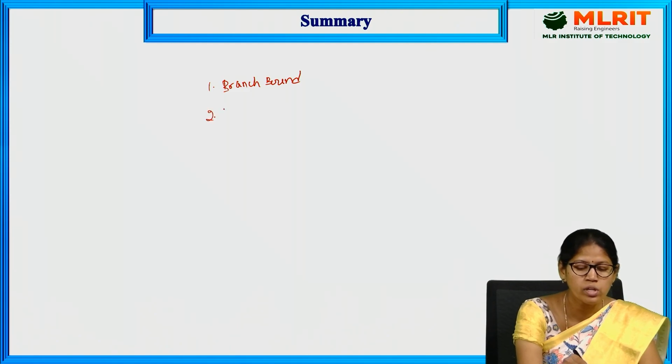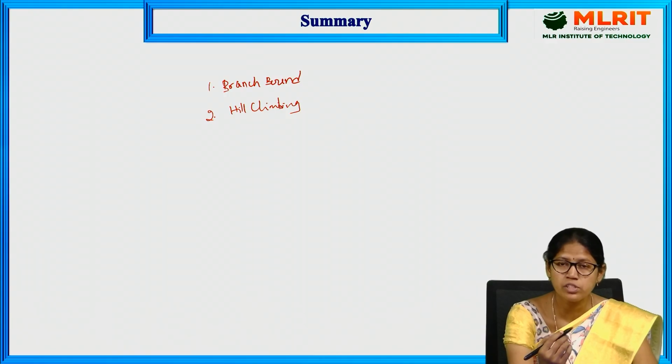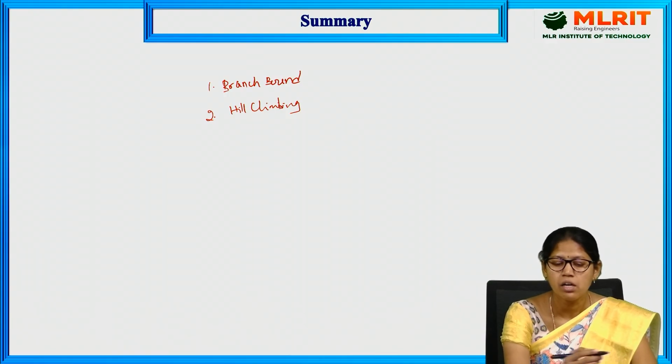The second one is the hill climbing algorithm. Whatever least value is there at the current node, it will explore only that. After that, it will check the successors' least value and go on till the goal is found. If it is not there, then it will be concluded that there is no solution.